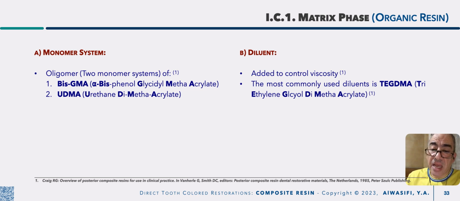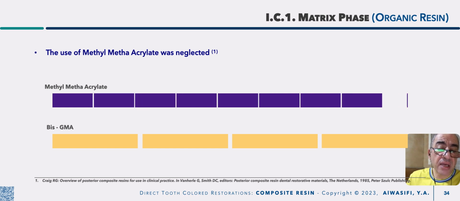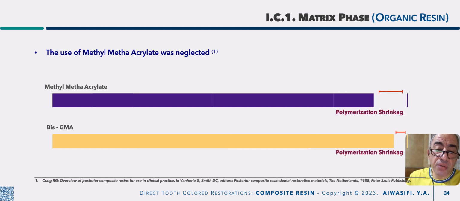What is the difference? In this diagram, we could illustrate the difference. Methyl methacrylate has low molecular weight with very short molecules, while bis-GMA has higher molecular weight with longer molecules. When they undergo cross-linking or polymerization and unite to each other, please note what happens to methyl methacrylate: it develops a polymerization shrinkage to that amount, while the long molecules will produce lesser polymerization shrinkage.